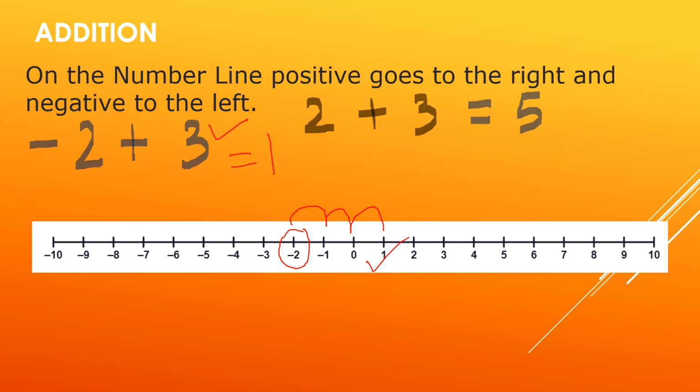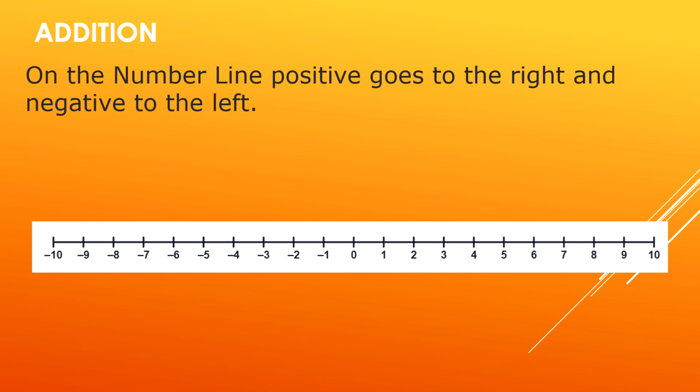Now, if you are moving to the left, in such a situation, how will the numbers look? Let us take the example of negative numbers only. Let us say that we want to add 2 plus minus 4. Minus 4 is what we want to add. Starting from 2, you will jump 4 units backward.